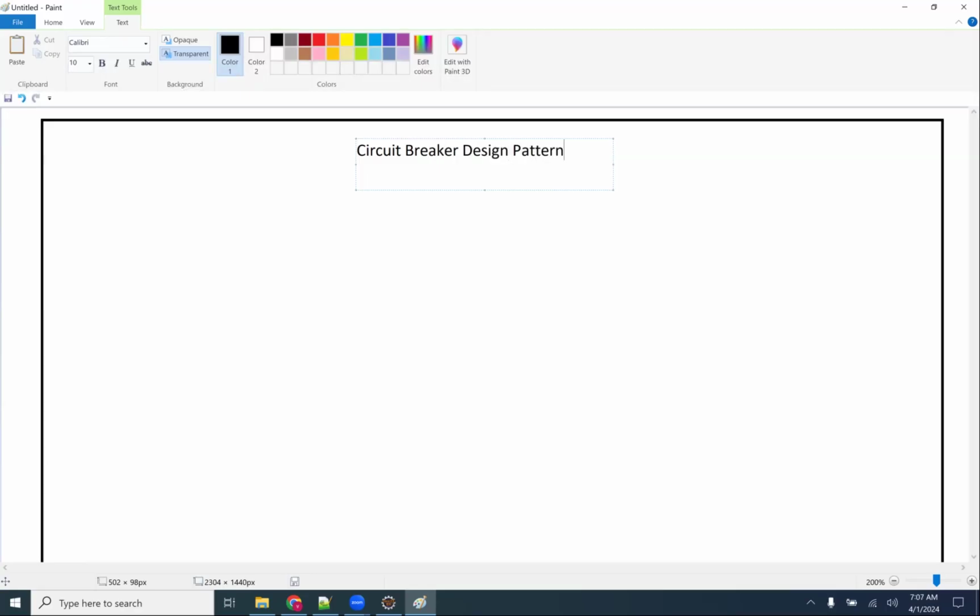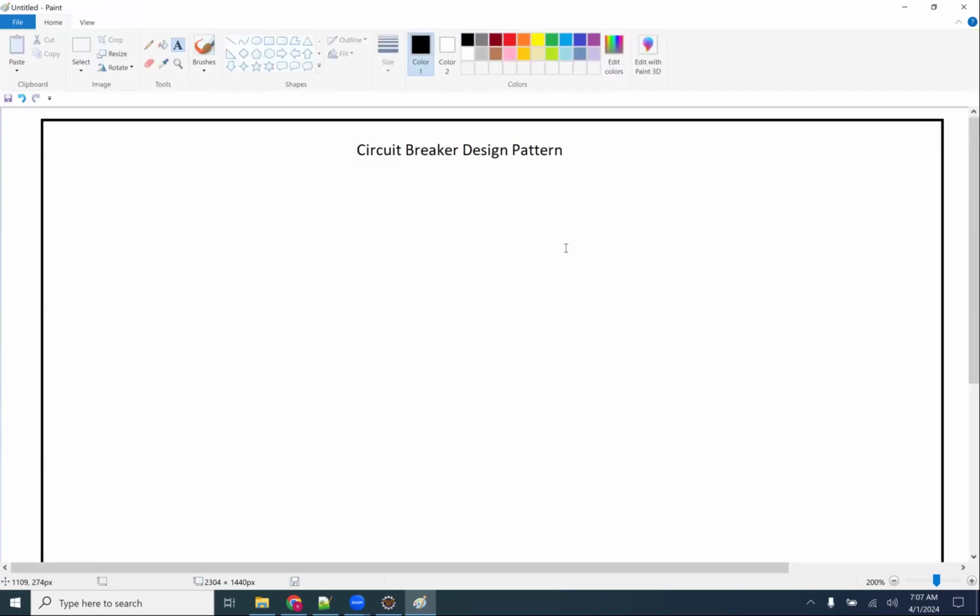This is also very, very useful only in microservices. Maximum, we can think that it is only useful in microservices itself. So first of all, what is a circuit breaker? What exactly is the meaning of a circuit breaker? That is what I want to discuss here.